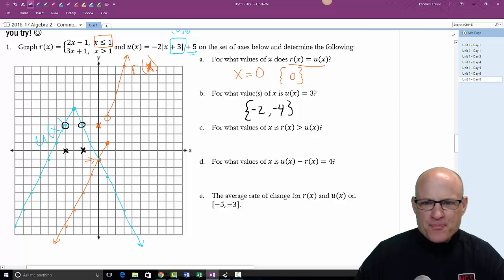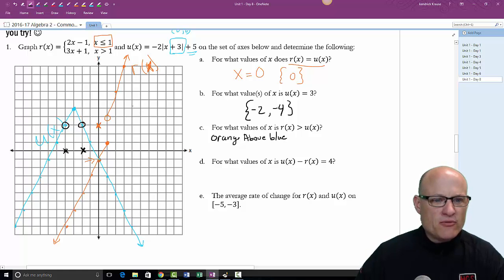Okay, here we go. When is r of x greater than u of x? Now, r of x is in orange. So when is orange above blue?